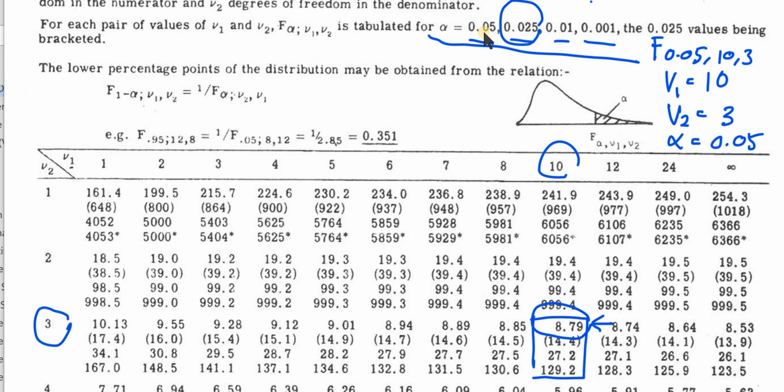If we want to change alpha to 0.025, it is the second value, which is in the bracket, so 14.4. Because it is an F value, it can be greater than 1. The probability is the alpha, so there are only 4 values of probability.